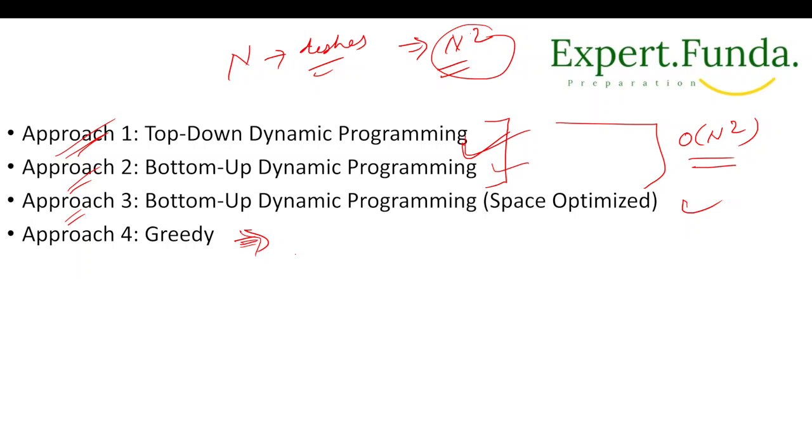The greedy approach is very important, because when we require the time complexity to be more optimized, we should use the greedy approach. It takes O of n log n time, as we will see, and the space complexity is O of log n.